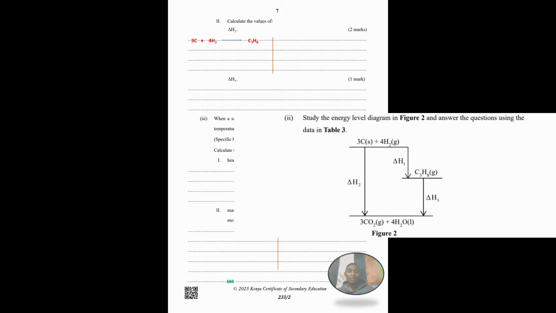That is the enthalpy of formation of propane, which I indicated as enthalpy change A. And then I also have the enthalpies of combustion of carbon and hydrogen, that lead to formation of carbon dioxide and water. And still on the other side, I have the enthalpy of combustion of propane itself that leads to formation of carbon dioxide and water.